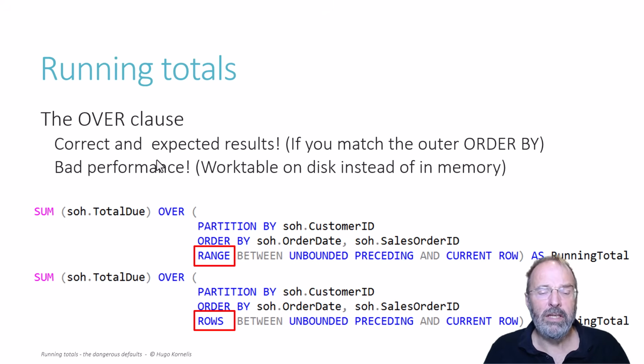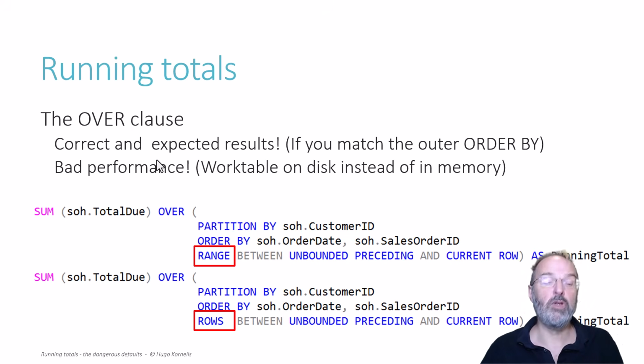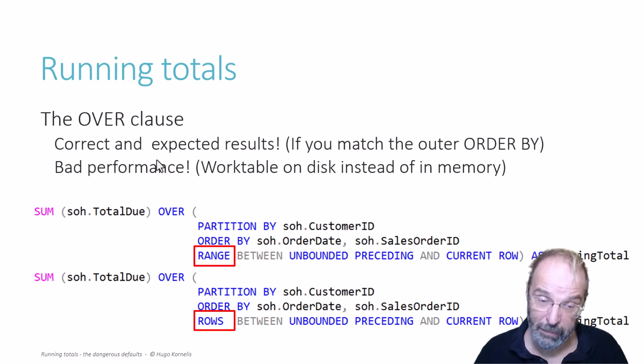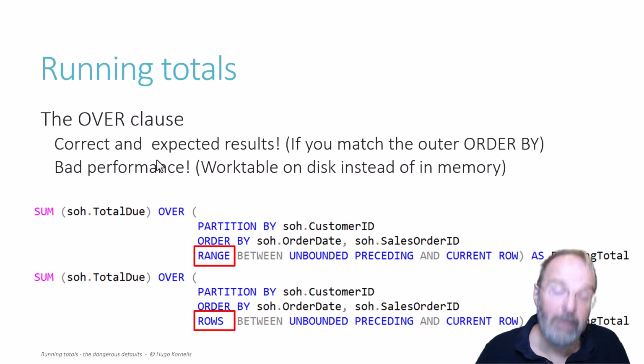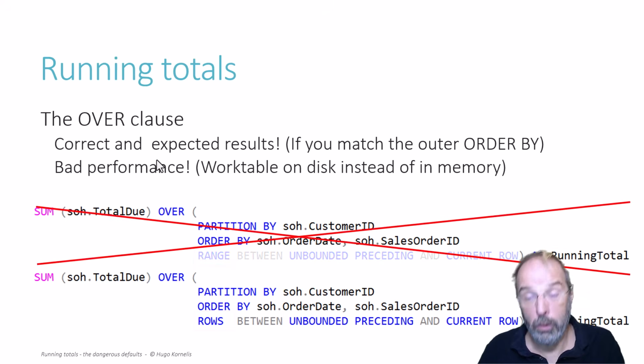So please, unless you need the functionality of the range clause because you need the same results for rows that have a tie in the ORDER BY column, in that case you obviously need the range clause. But if you don't, then never use the range clause.